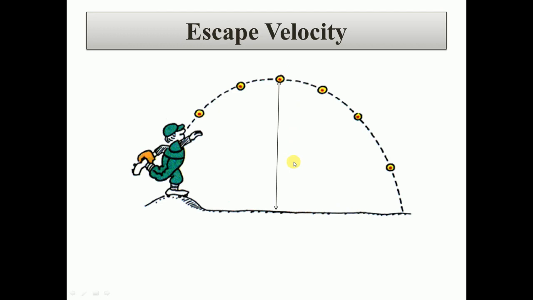Now if you increase the velocity while throwing a ball, the ball will achieve more height, and then it will come back to the earth.